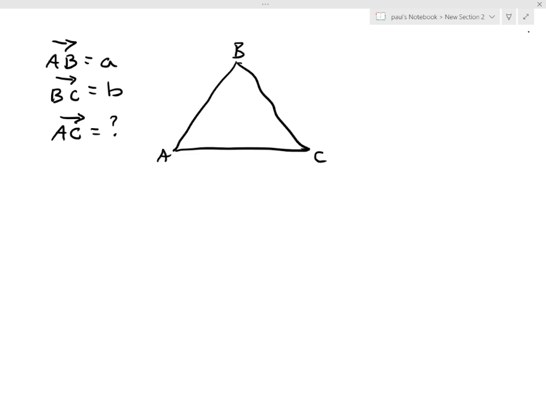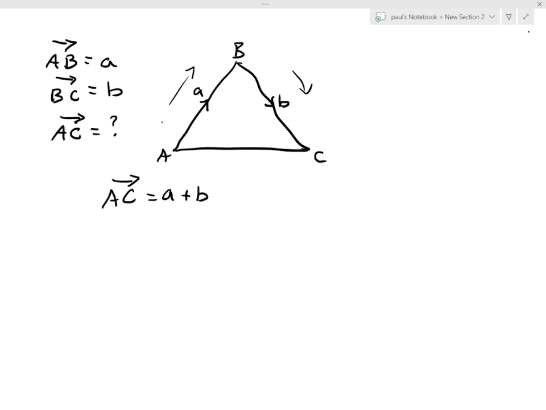So transfer these onto the triangle. A to B is vector A, B to C is vector B. So A to C, we're going to have to go up that way and down that way. So therefore A to C is going to be equal to A plus B.